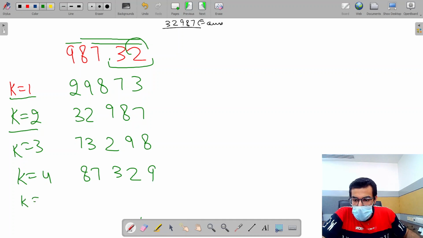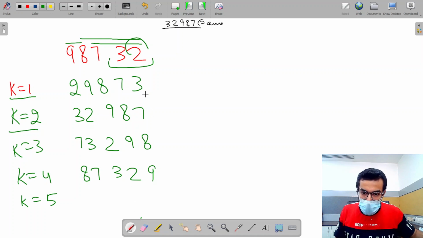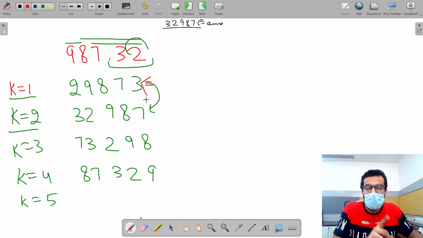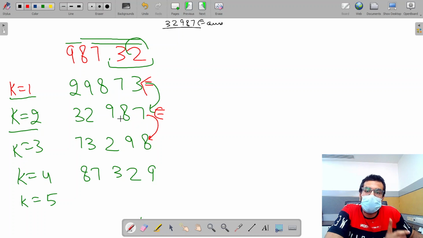Now for k is equal to 5, see this one thing: when I was coming from k is equal to 1 to k is equal to 2, it basically means that I have to shift each digit of this number towards right by 1 position. When I am coming from k is equal to 2 to 3, I have to shift each digit of this number towards right by 1 position.